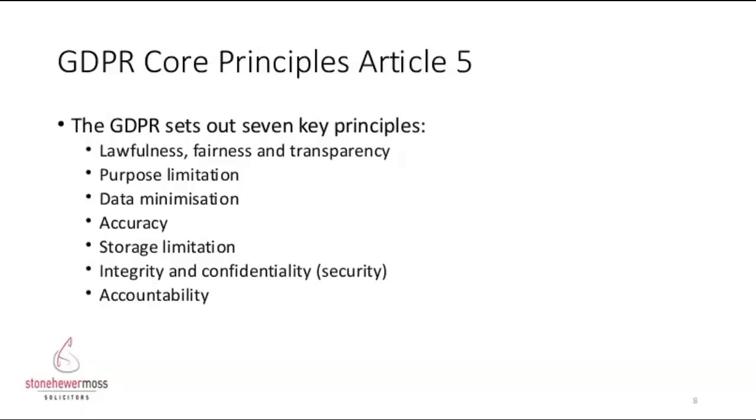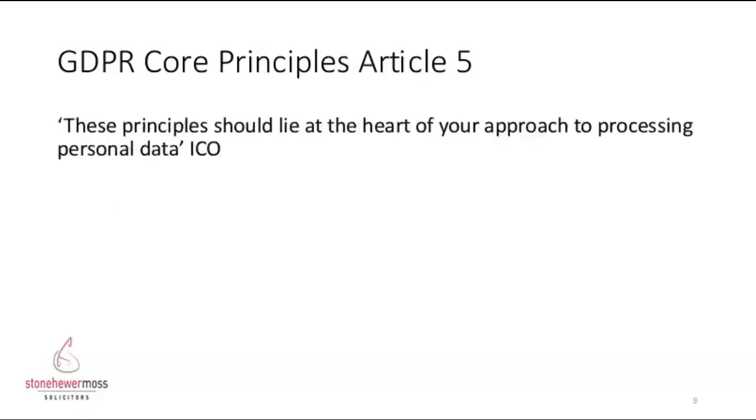Security, massively important under GDPR. It's specifically mentioned. We'll talk about that later. And accountability is the idea, as I said, of keeping a tab on what it is you're doing and why you're doing it and being able to prove that to the ICO should you get a knock on the door.